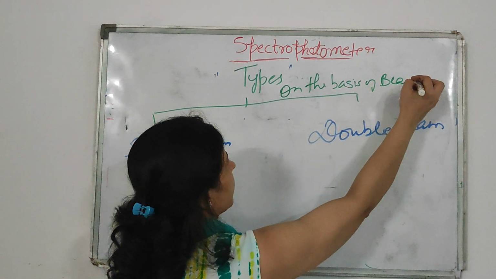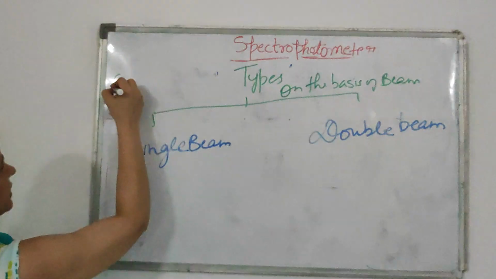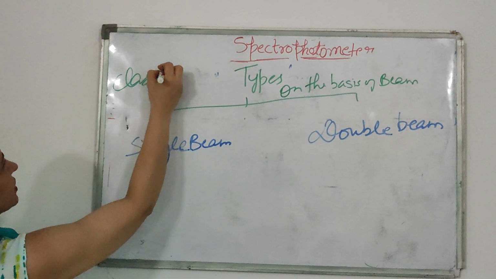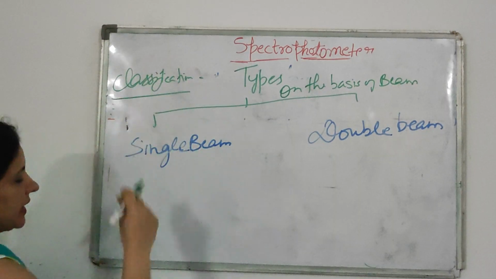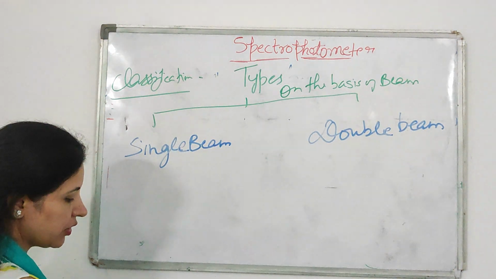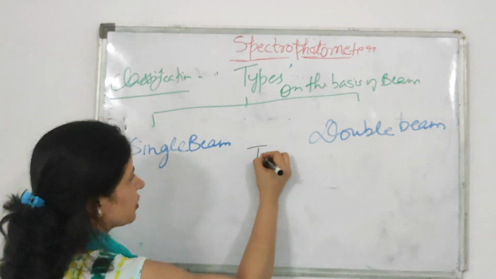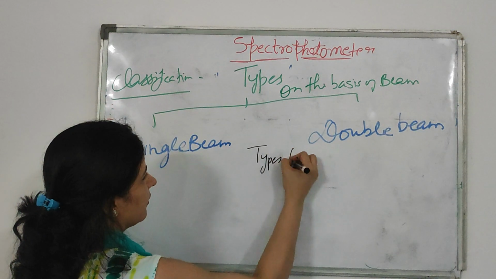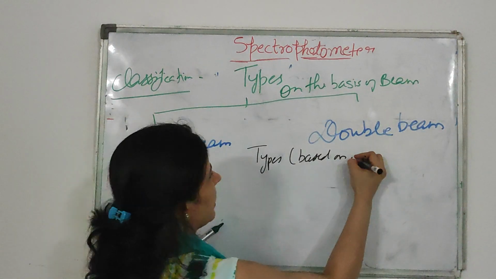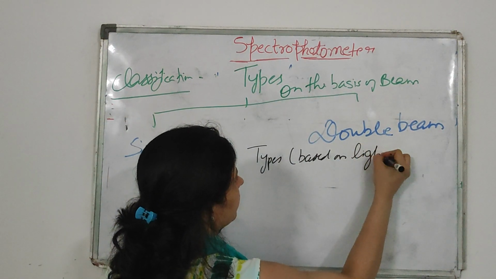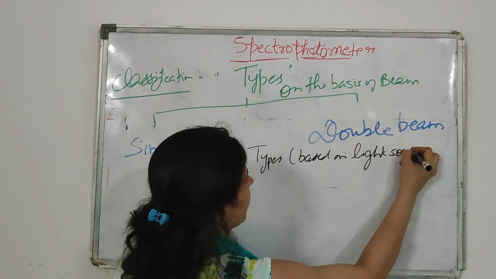There is another classification. The first classification is based on the beam, and the second is based on the light source, the kind of light source you are using.